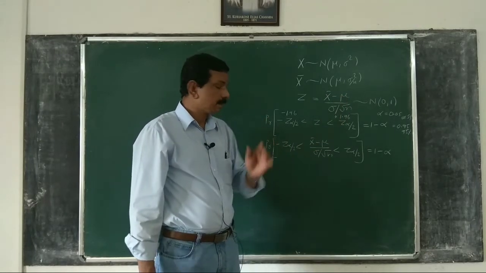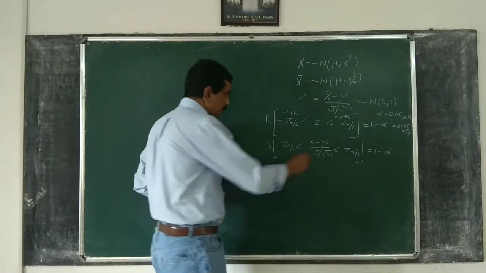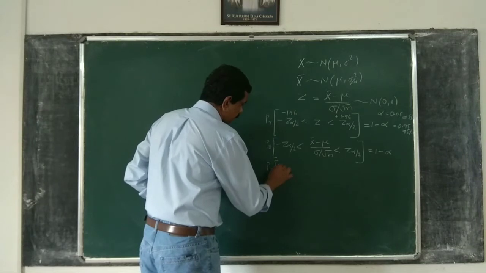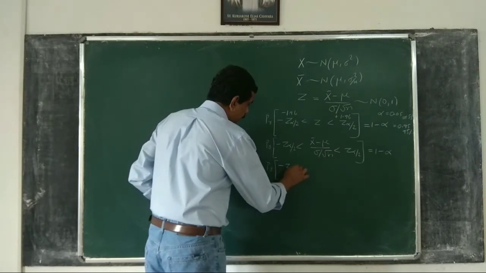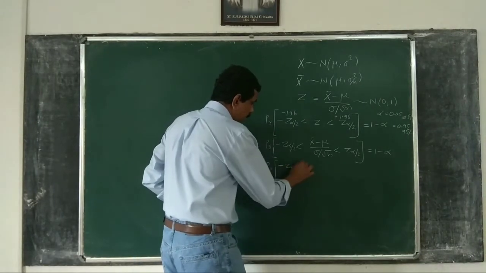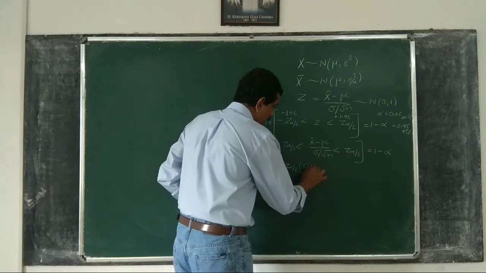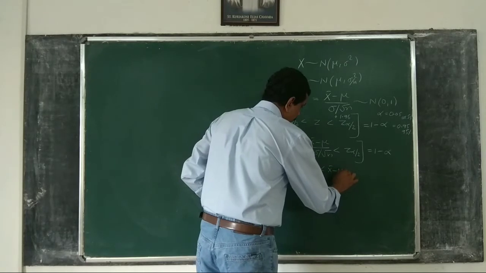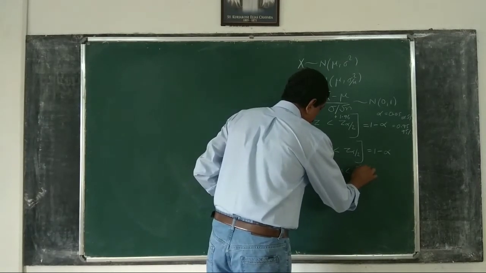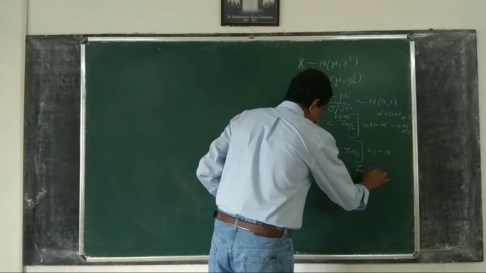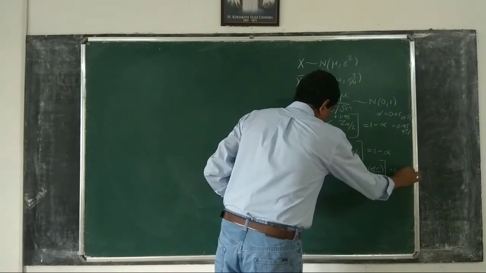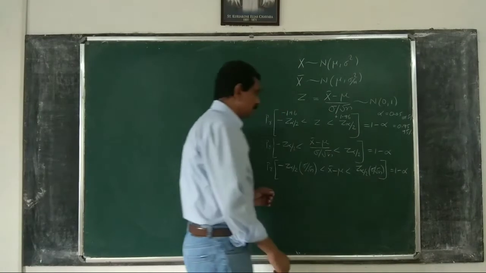This can be written as probability that minus z alpha by 2 into sigma by root n less than x bar minus mu less than z alpha by 2 into sigma by root n is equal to 1 minus alpha, assuming that all the terms are multiplied by sigma by root n.